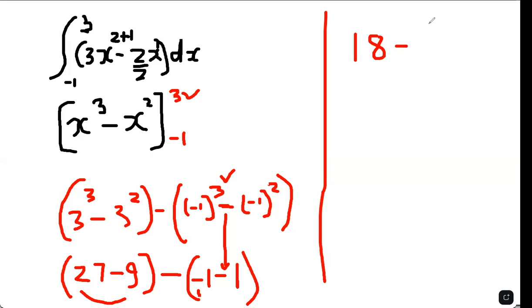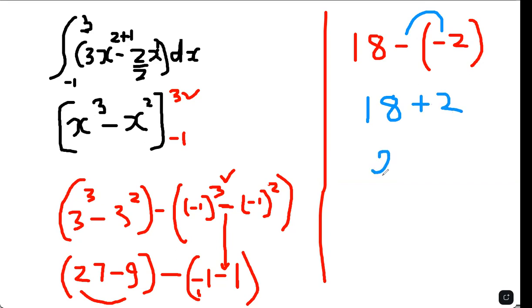Minus, inside of what we have in the brackets is negative 1 minus 1, which gives us negative 2. And what do we know? When two signs are following each other, separated by the bracket, we multiply. So here, we are multiplying a negative and a negative, which is giving us a positive. As a result, we are adding 2 plus 18, which gives us 20.